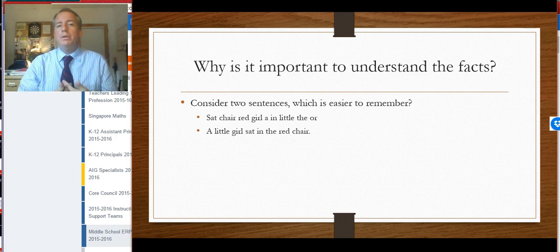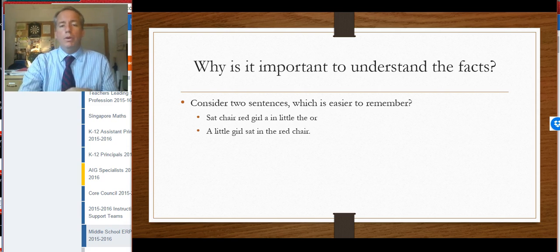If you really made me sit and say it enough times, and if you maybe even gave me pictures of each of those words, I could probably give it back to you later. I could say it and say it until it looked like I really understood it. But I probably would never have the picture of my daughter sitting in a little red chair, and I wouldn't be able to do anything with it if I just remembered it as sat, chair, red, girl, a, little, the.